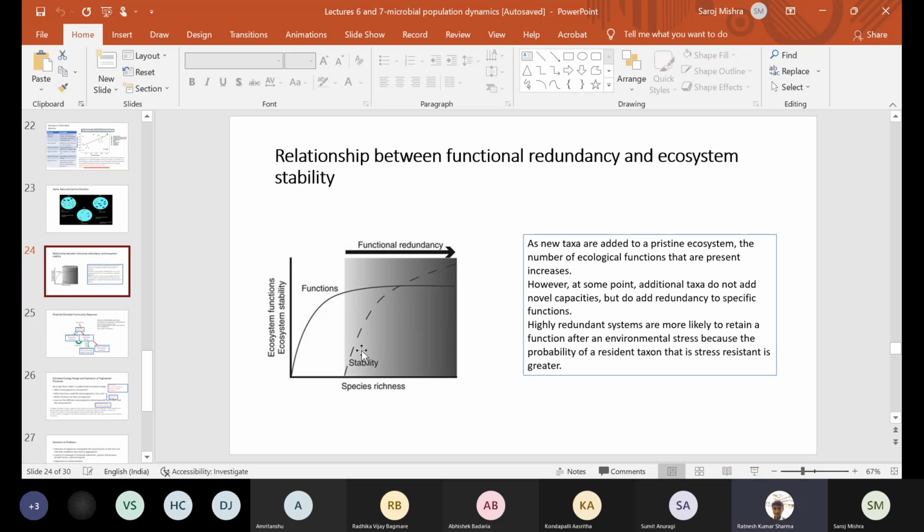Yes, ma'am. Can you please explain what it means by stability here? Okay, by stability, let's say any kind of ecosystem, take a lake, for example. Now, if there is a sudden change in the temperature or in the nutrient concentration, or too many pollutants coming into the system, it is likely to impact 2 or 3 different microorganisms which could be very sensitive to that particular pollutant.